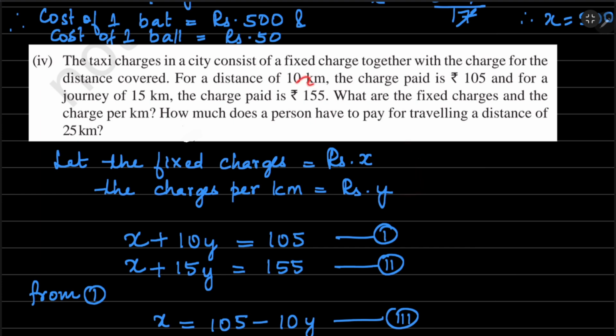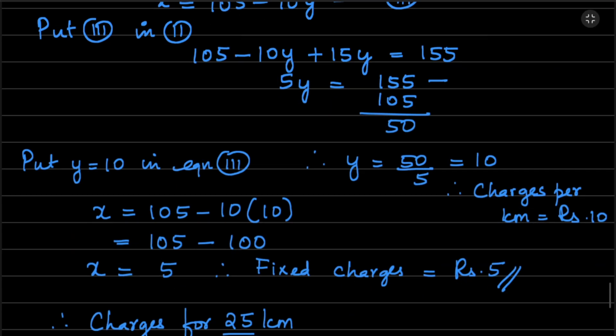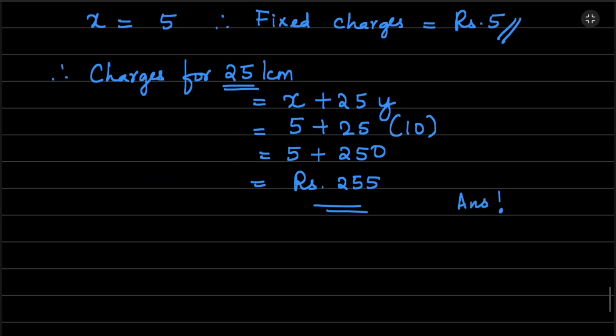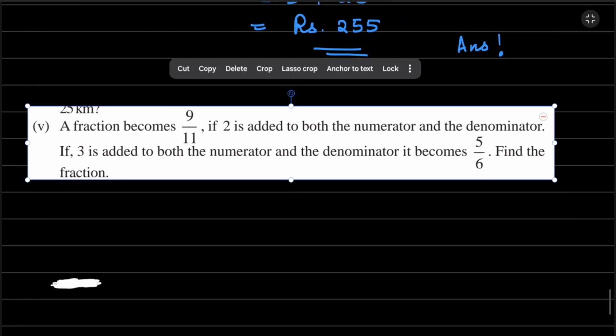For a distance of 10 kilometers, the fixed charge is X plus 10 times Y, where Y is the charge per kilometer. Same way for 15 kilometers, X plus 15Y is equal to 155. Solve for X and Y using the substitution method. Okay. Hope you understood. It's a very, very good question. It's very important, so you have to practice this.